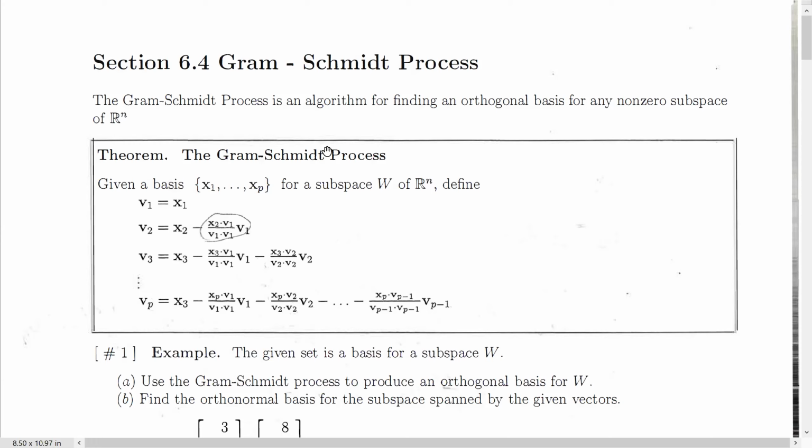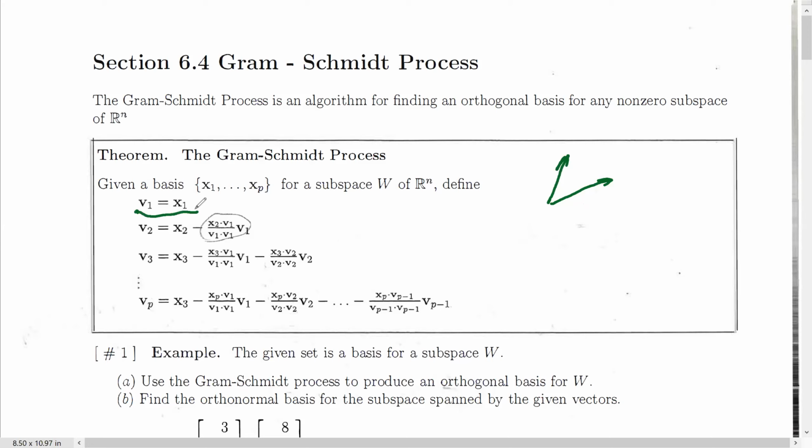So the situation looks like this. I have a set of vectors x1, x2, x3. I can always place them at the same spot. Let me first consider two vectors, x1, x2. I'm taking the first vector to be x1.